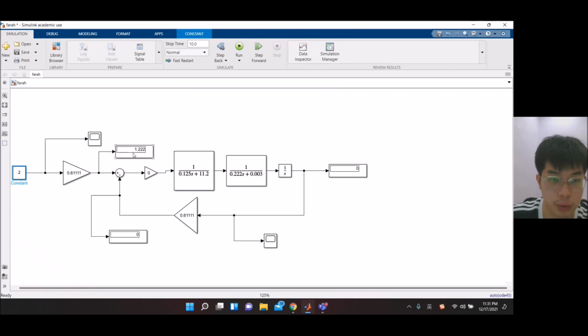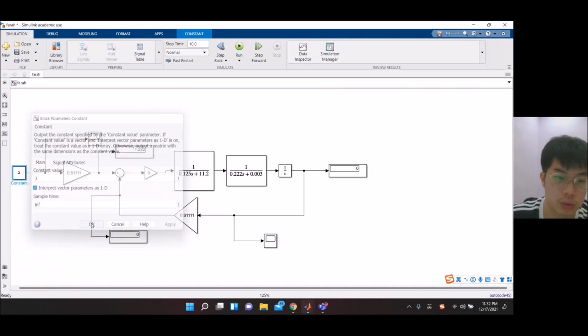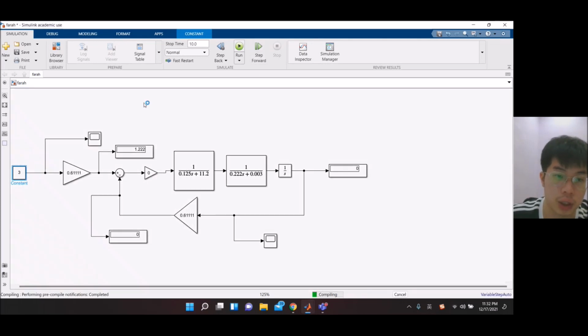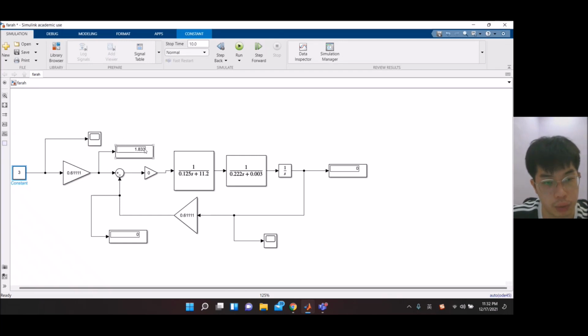And the value become 1.2, and here also constant 0. Run, and the value will become 1.8, and here also 0. To 4 for the constant, value will become 2.4, and here is 0.